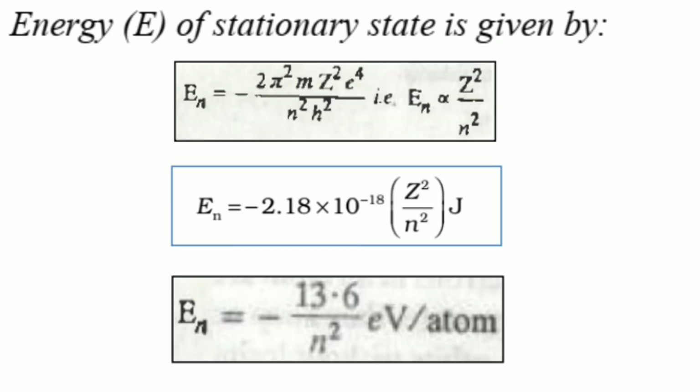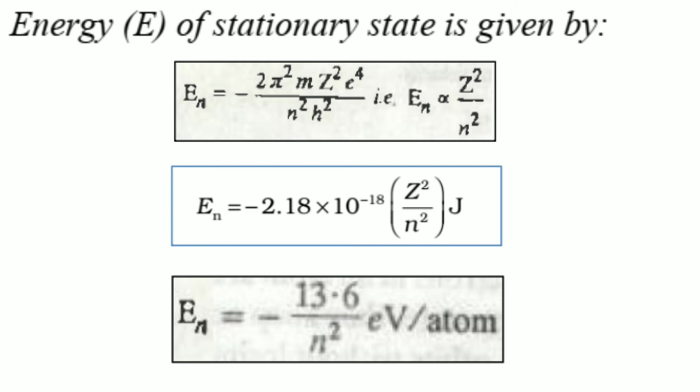Now the energy of the stationary state is given by these expressions. For the nth shell, its energy value can be calculated by the first expression, that is minus 2 pi square m Z square e square upon n square h square. We can say that the energy of the shell is proportional to the square of its atomic number, and inversely proportional to the square of its principal quantum number.